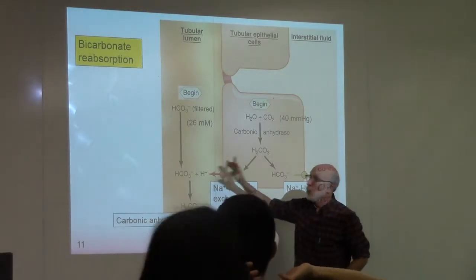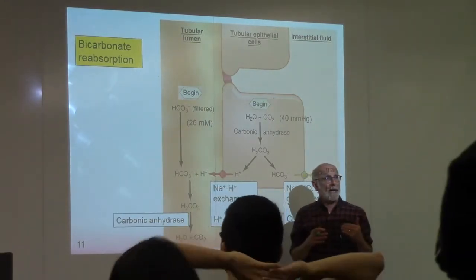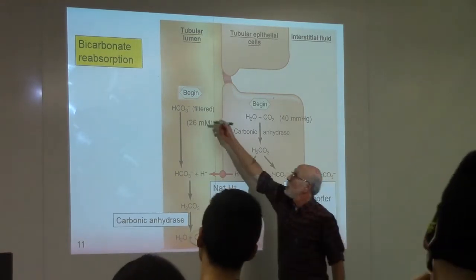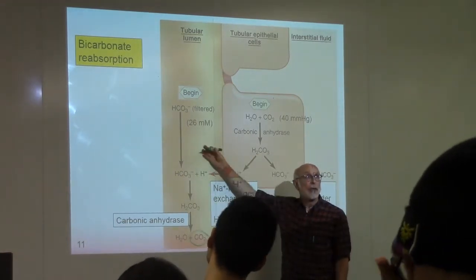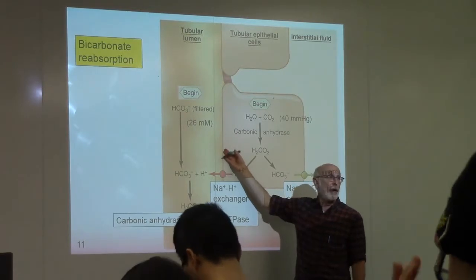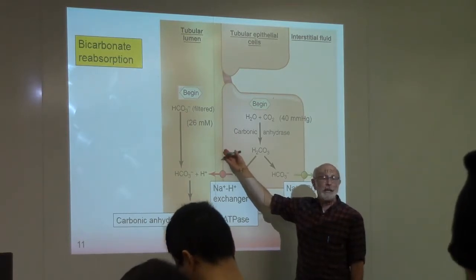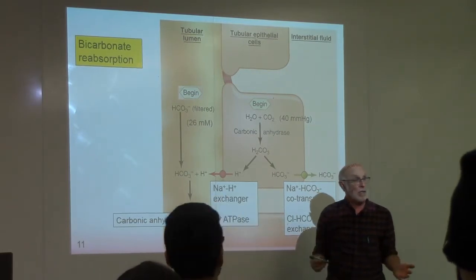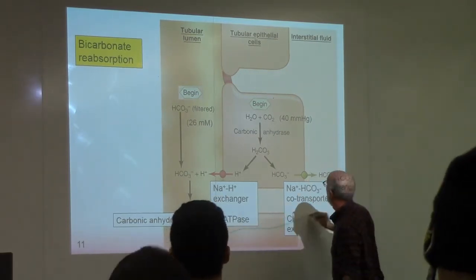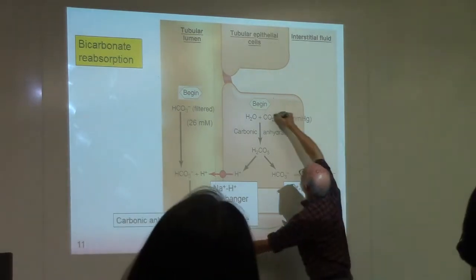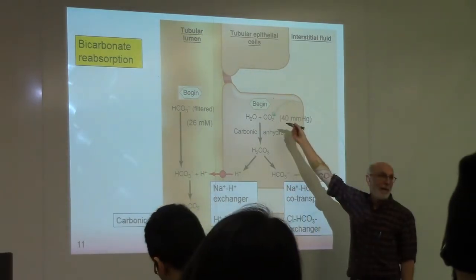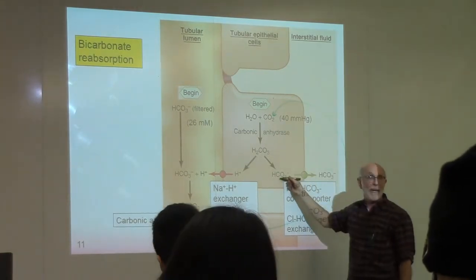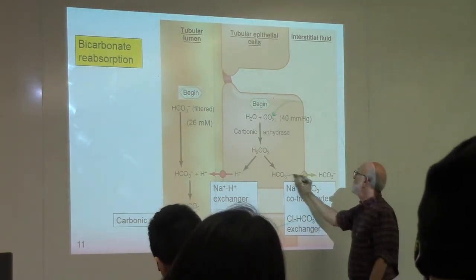So we reabsorb bicarbonate not as bicarbonate but as CO2. Filtered bicarbonate is converted by the ecto carbonic anhydrase into CO2. CO2 diffuses. So this CO2 becomes this CO2, right? This CO2 then becomes bicarbonate, which is pumped.